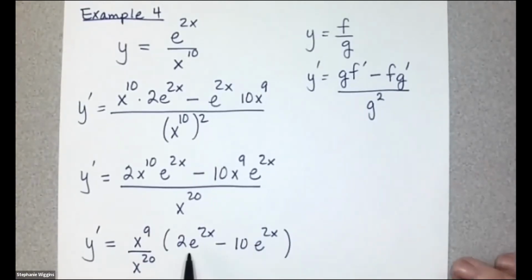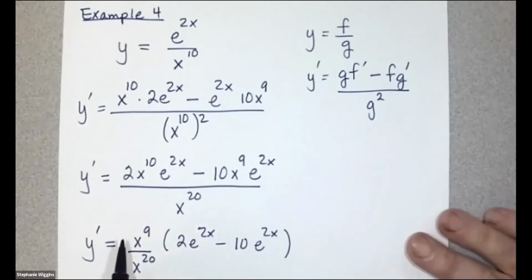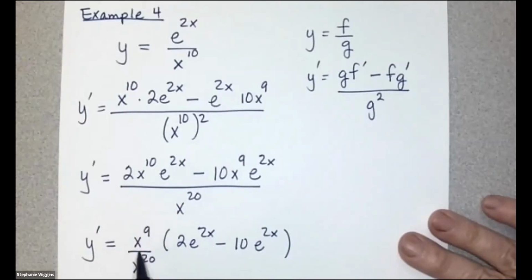Okay, and I could go ahead and take out, oh wait, I missed something here. When I took out this x to the 9th, there's an x in there because this is x to the 10th, so I have an extra x.